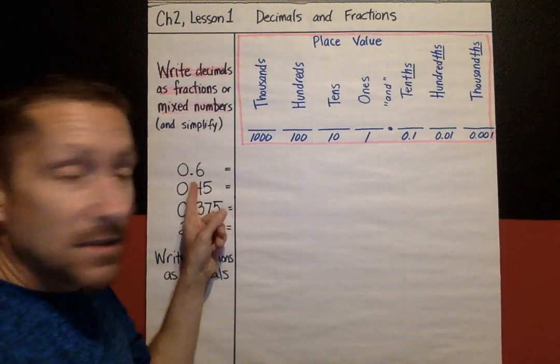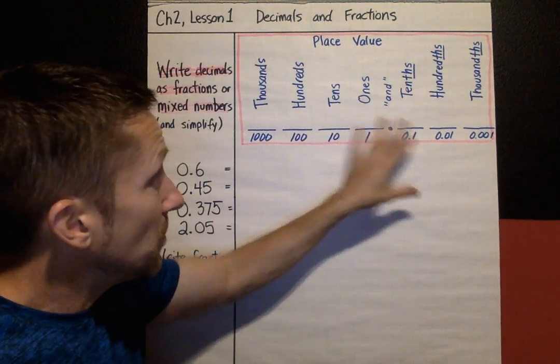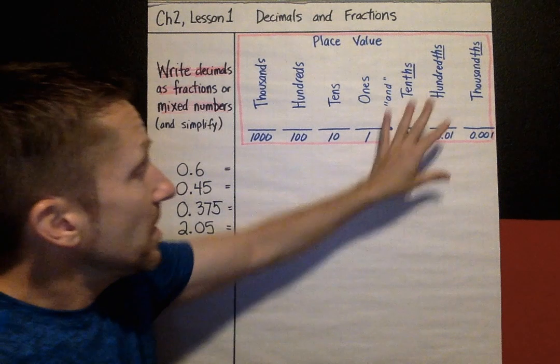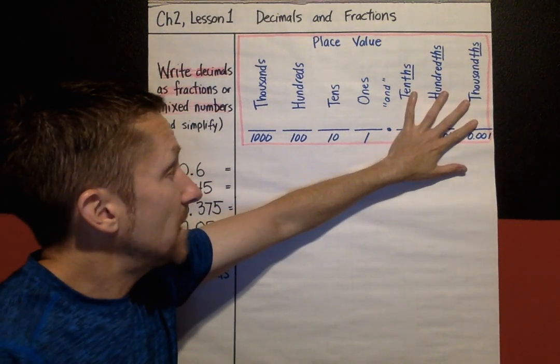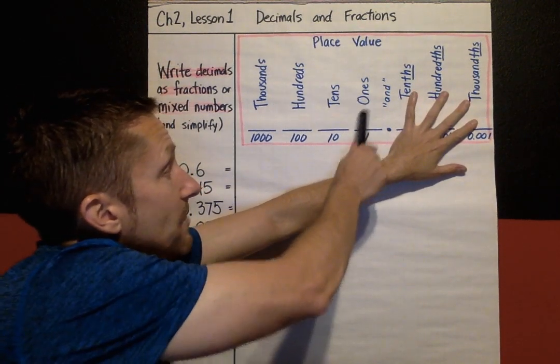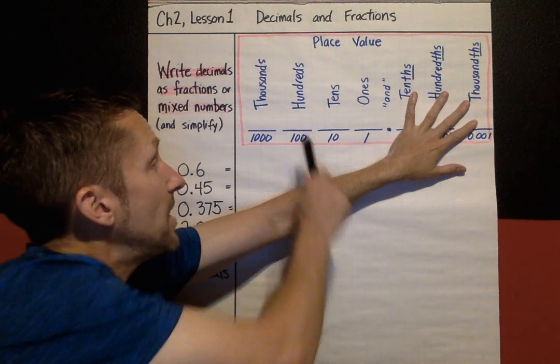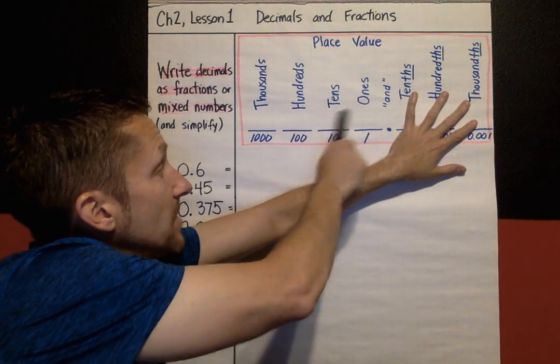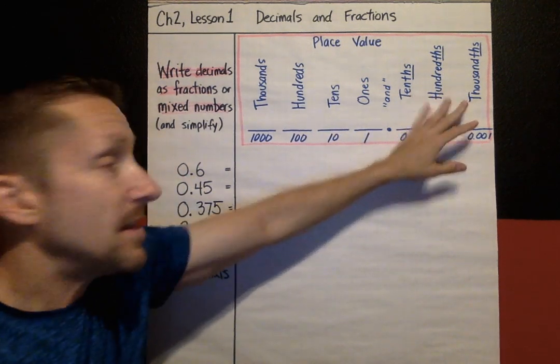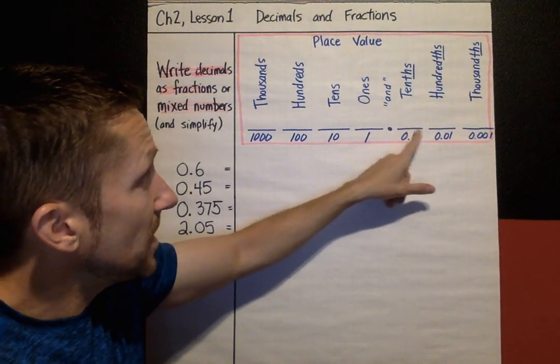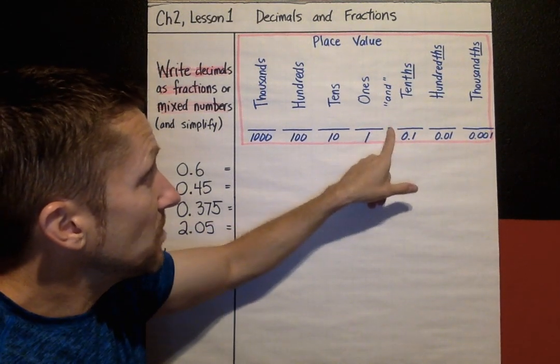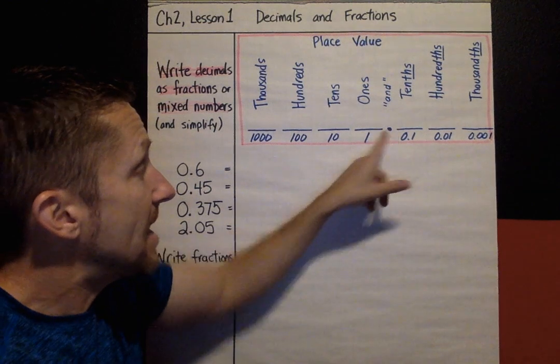Basically, whenever you have a decimal, you just put it into your place value chart. If there's no decimal, like say I have a whole number 5, we'd call it 5. If I have 478, I'd call it 478. If you have something to the right of the decimal, the decimal point gets read as "and."